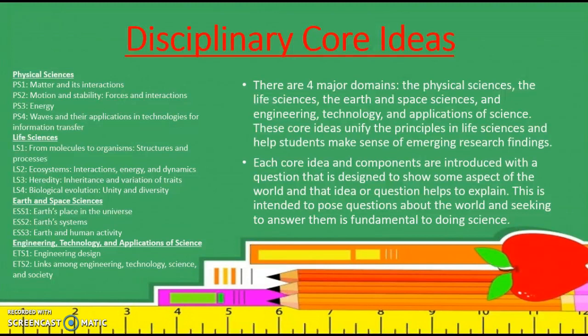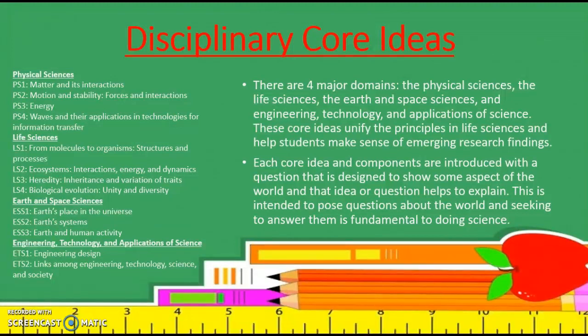So as you can see on the left hand of the screen, I have listed the 4 major core ideas, and each one tells you what will be taught in that lesson. So physical science, you have 4 points there. So you have matter and its interactions.